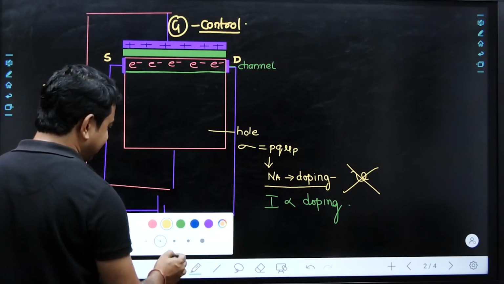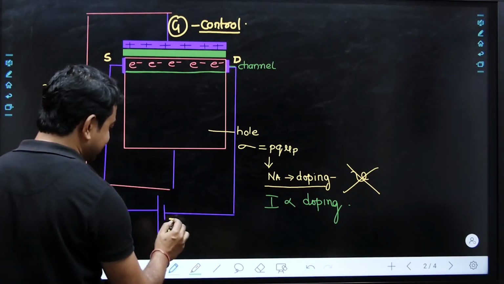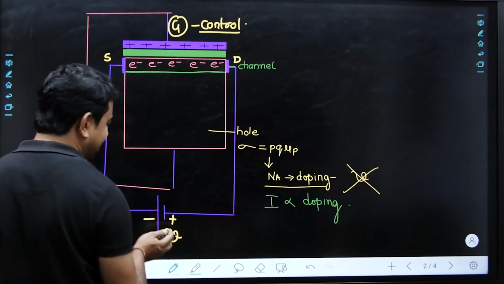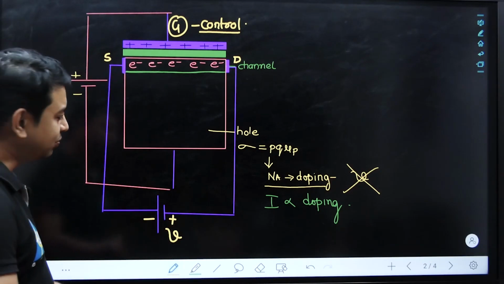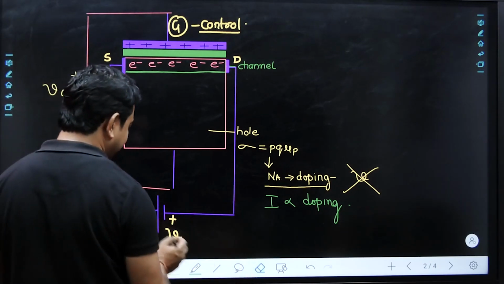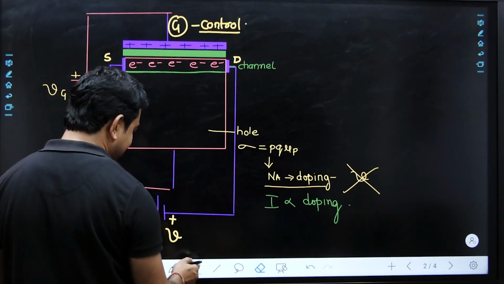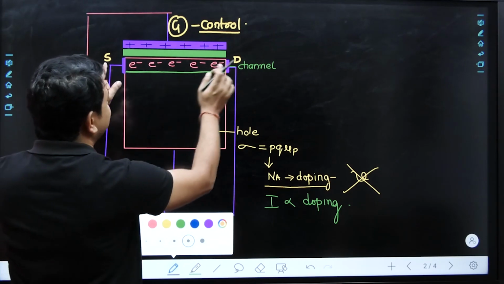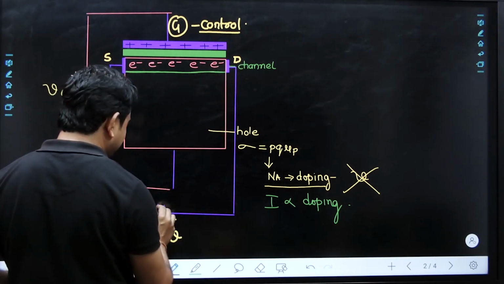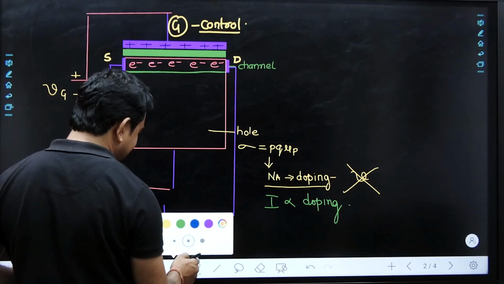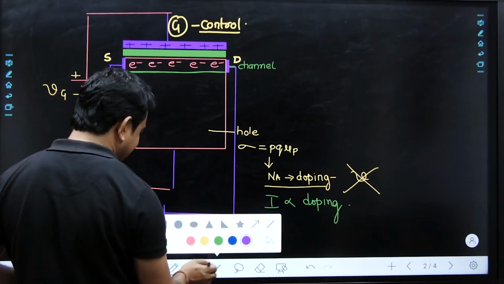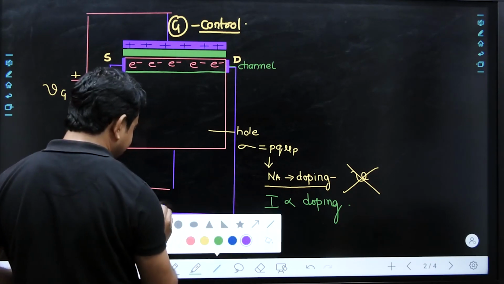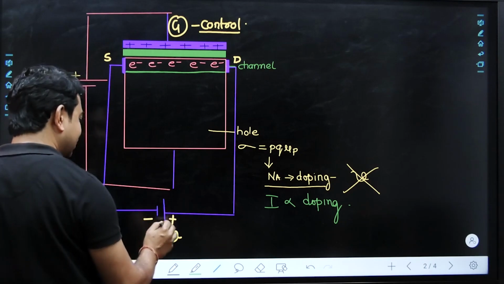If you apply a sufficient voltage, this is negative, this is positive, I must say. How do we determine whether it is positive or negative? We can determine it by naming the terminals properly. Here it is source, here it is drain. So always the source will provide something. Here, what is the source providing? The source is always acting as a source for getting anything.